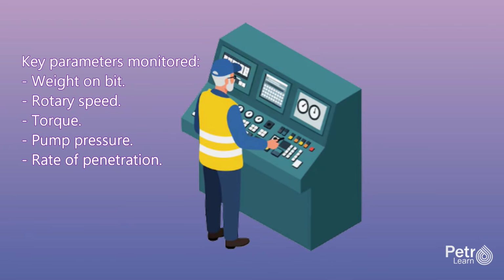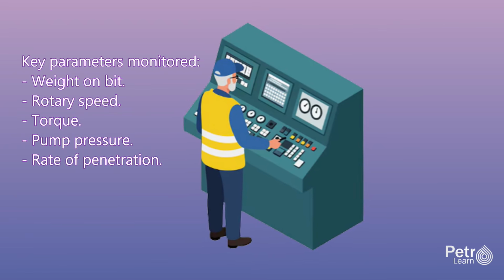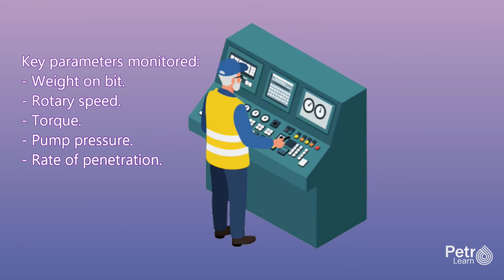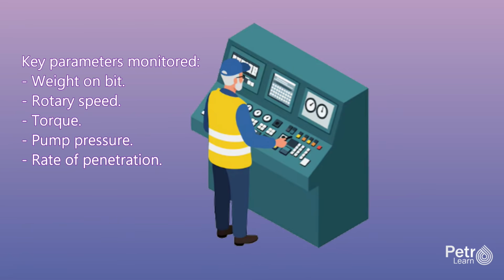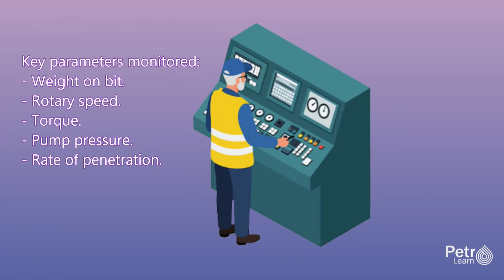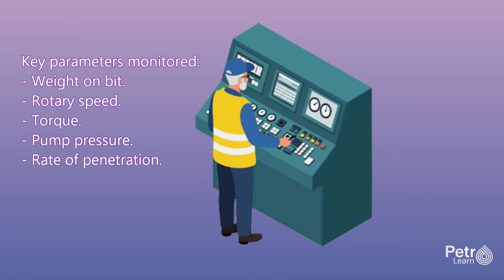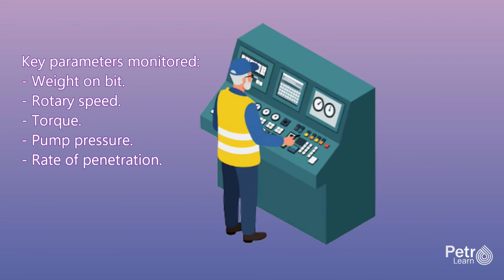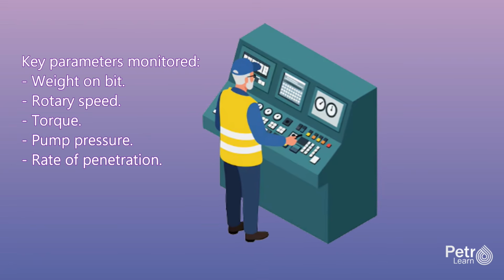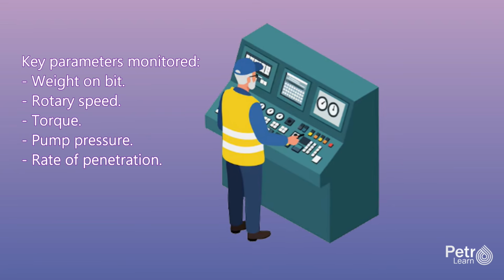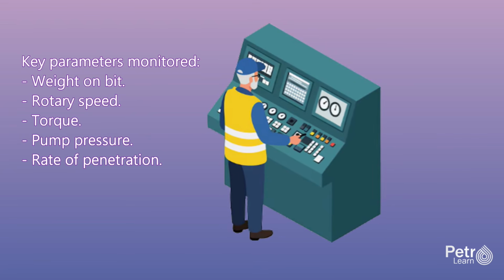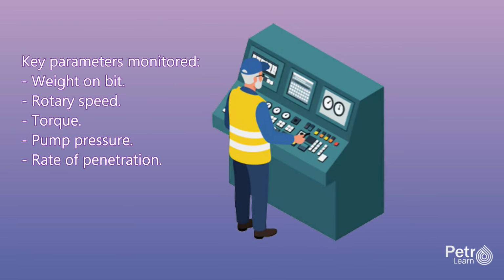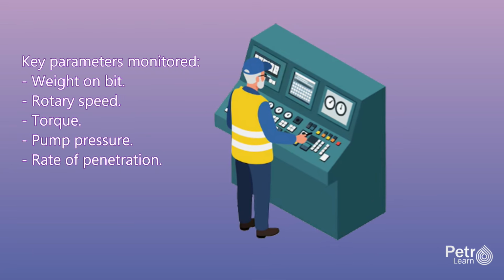Rotary speed, measured in revolutions per minute or RPM, typically 60 to 120 RPM for the rotary table or 100 to 200 RPM for top drive. Torque, which indicates how much resistance the bit encounters. Pump pressure, typically 2000 to 5000 psi at the pumps, and rate of penetration or ROP, which shows how fast the bit is drilling, typically 30 to 200 feet per hour depending on the formation.